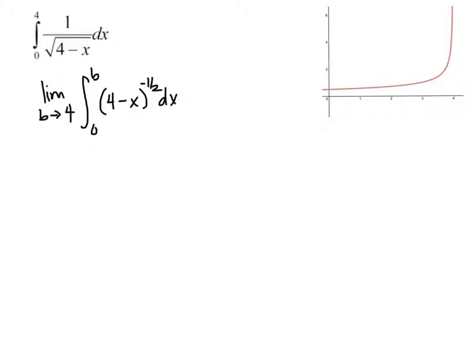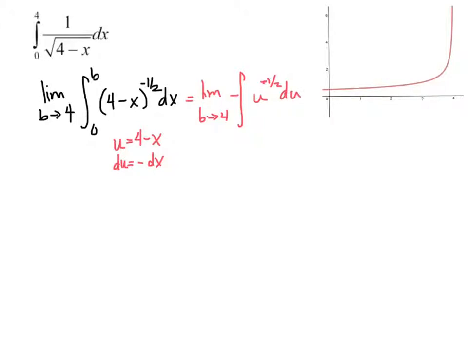Now at this point I might think of substitution. u is 4 minus x, so du is negative dx, something like that. So you could maybe rewrite this, the limit as b approaches 4, of u to the negative 1/2 du, and of course now we're going to have a negative out front.